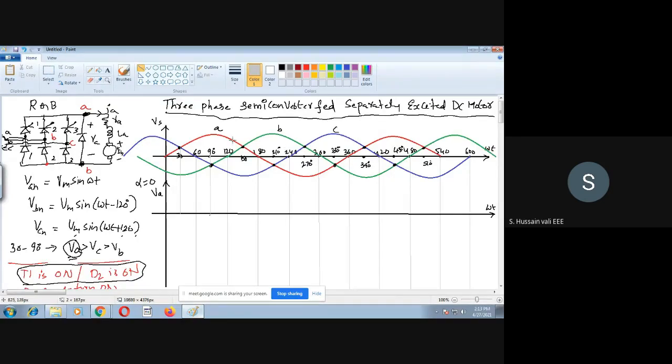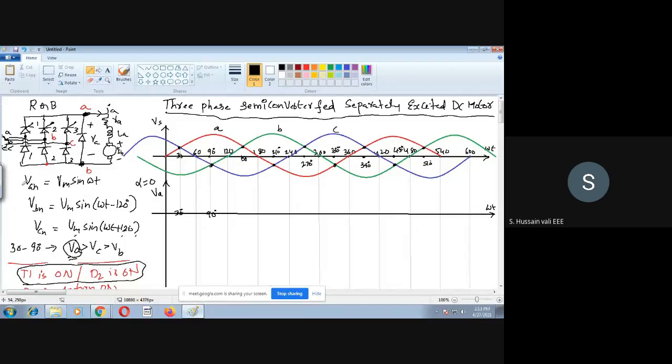For the first time I will do all these things, and the next ones you can do yourself. Between 30 to 90, the voltage across the motor is VAB because T1, D2 are on.